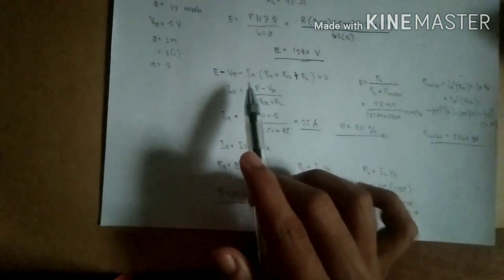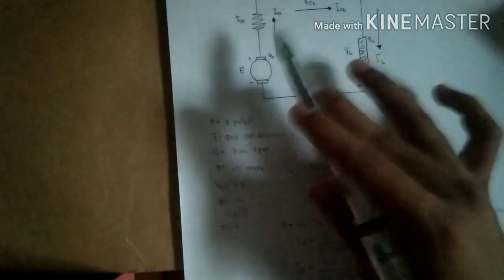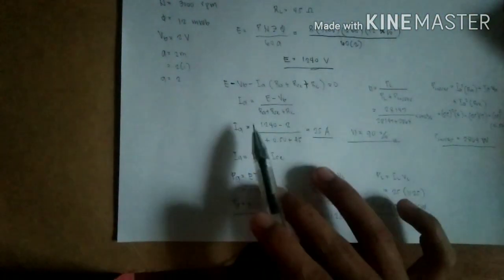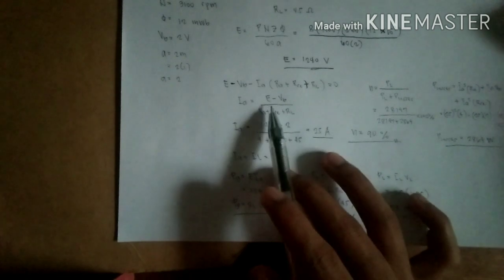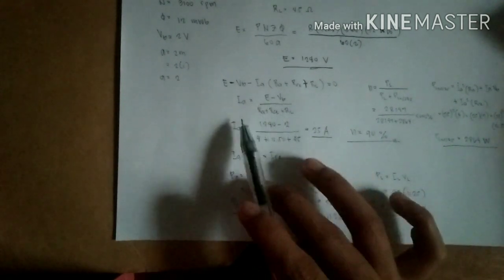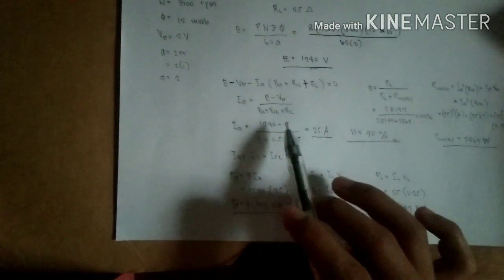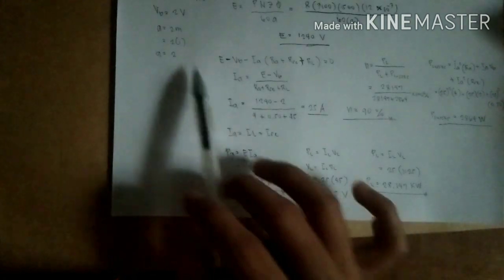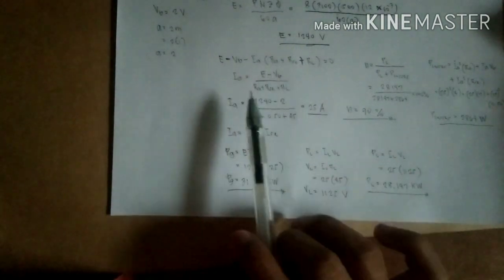Since we don't know the IA here, we must find the IA. So IA is equal to E minus VB, or the brush drop, over RA plus RSE plus RL. We simply put the values of the corresponding variables.